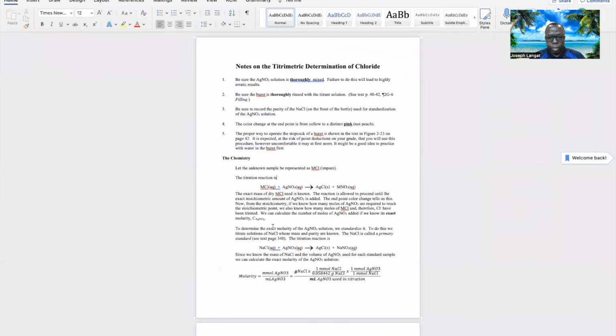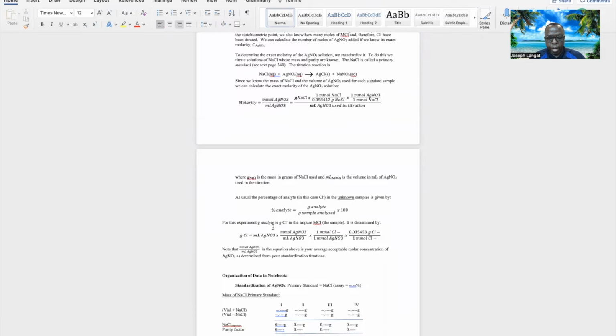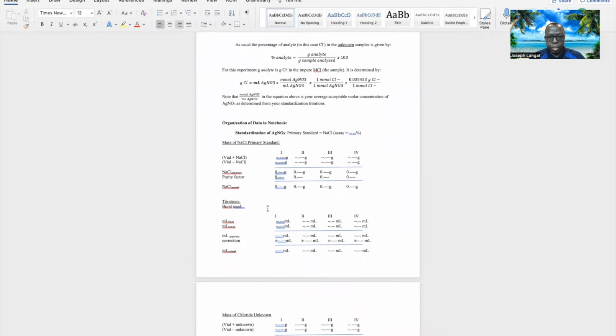You should have the data sheet or lab notebook organization. If you look at trial 1, you had the vial plus the sample, you transfer 0.1, your final mass will be the vial minus the chloride, which went into flask number 1 for trial number 1.